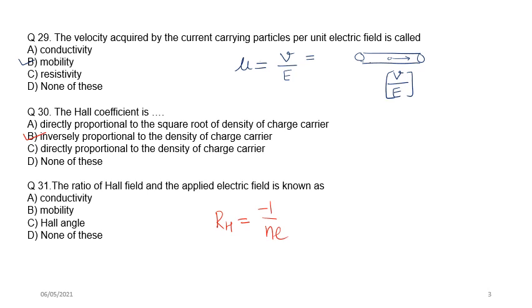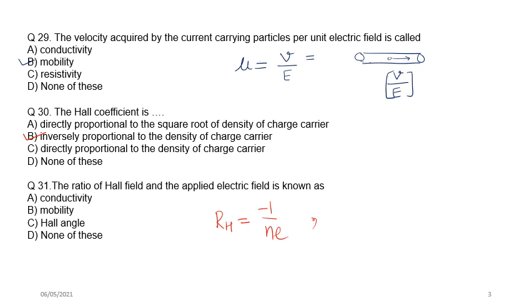The ratio of the Hall field and the applied electric field is known as... There are some formulas, and you can expect more questions based on different equations in solid state physics.